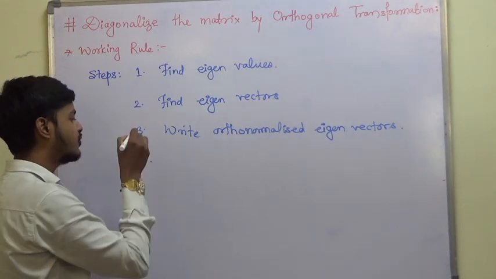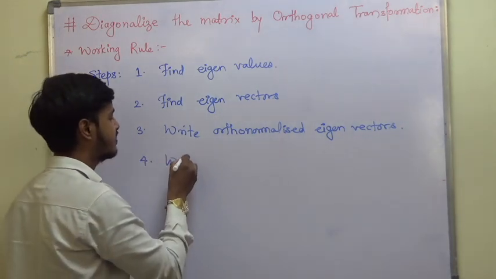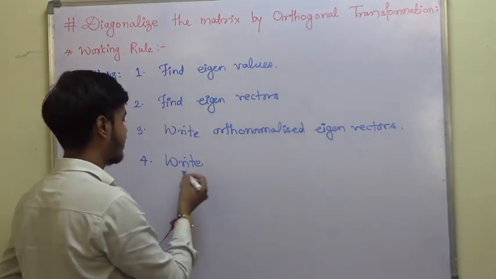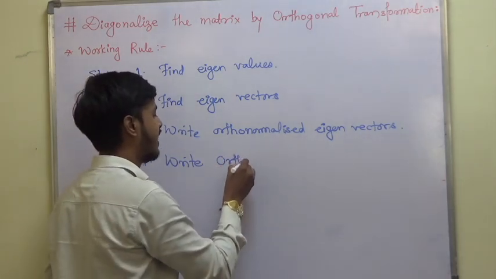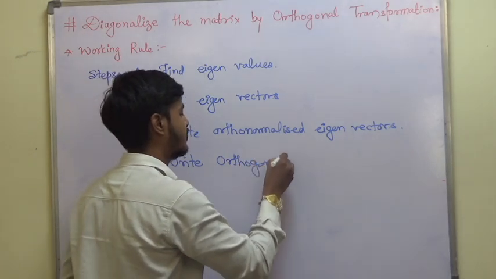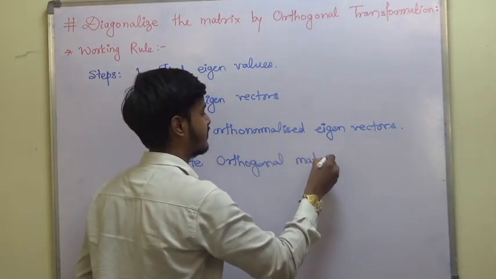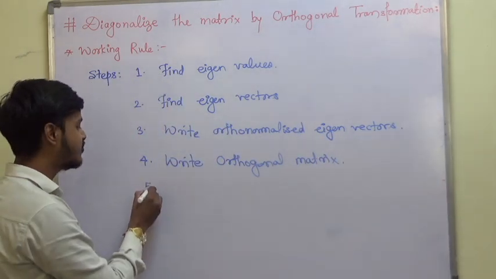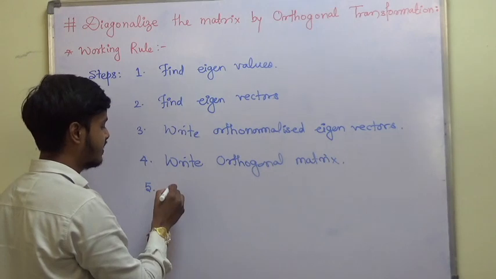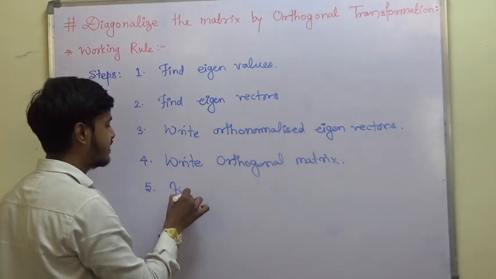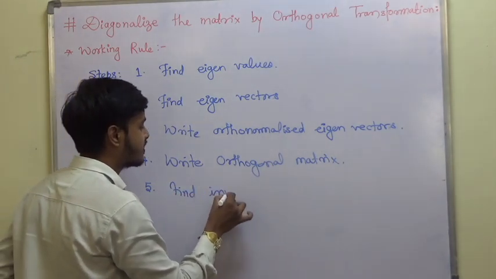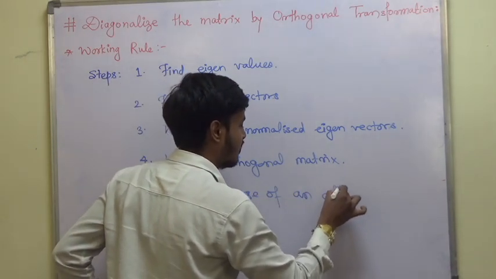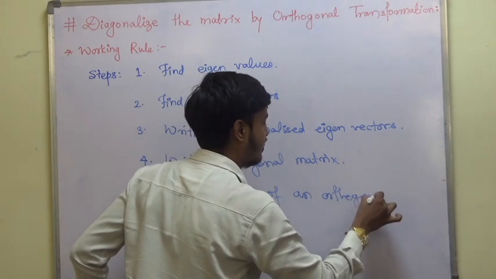The fourth one is to write the orthogonal matrix. After finding the orthogonal matrix, you just need to find its inverse. Find the inverse of an orthogonal matrix.